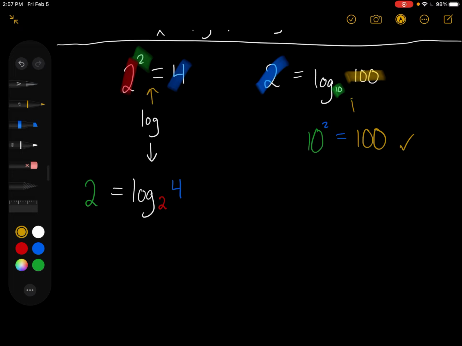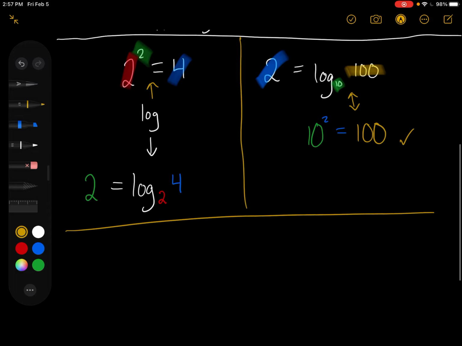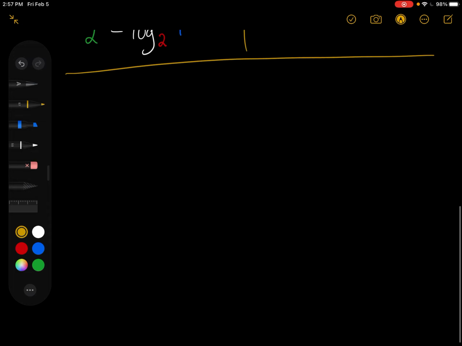So again, we can go back and forth between logarithmic and exponential forms. I'm going to do one more of these. We've done 2 examples, so let's do a third. That way we can have a little bit of extra practice, since it's a totally new skill. 3 to the negative 4th equals 1 over 81.